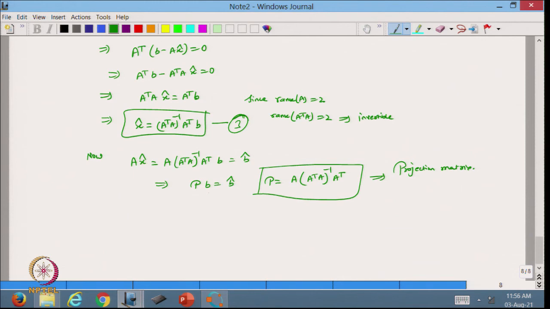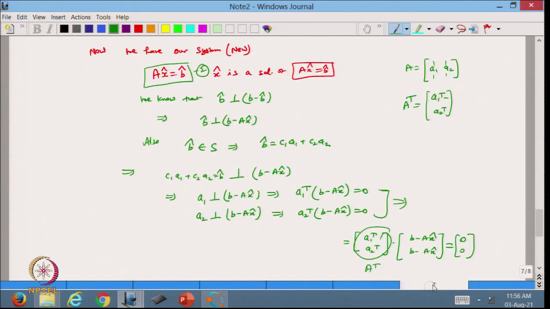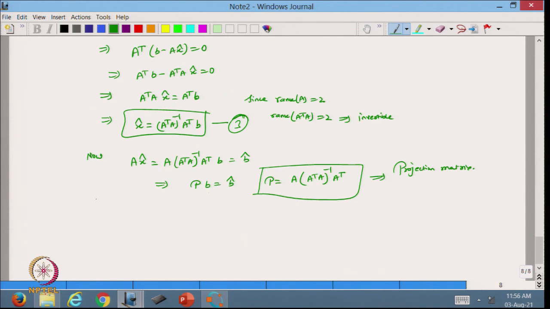Now we have some properties of a projection matrix, and I want to find out what they are. So P is the projection matrix, and there are some important conditions it has to satisfy. First, P transpose is equal to P, and you can check that by taking the transpose of A (A transpose A) inverse A transpose.